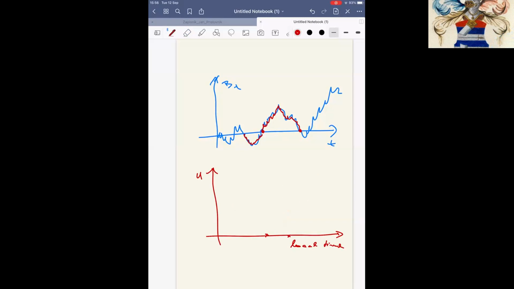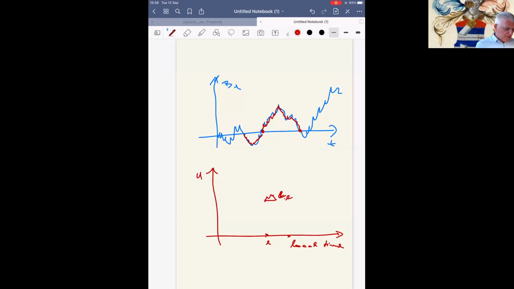For example, at this local time, let's say L, an excursion occurred and it looked like this. And if you take the pair, this excursion is then called E of L because it occurred at local time L.